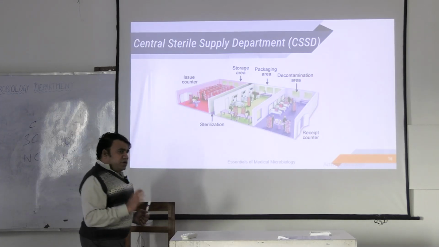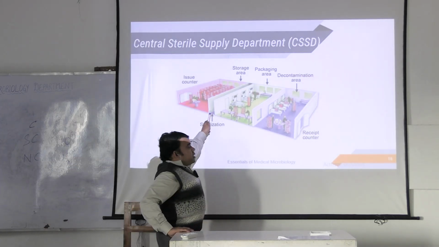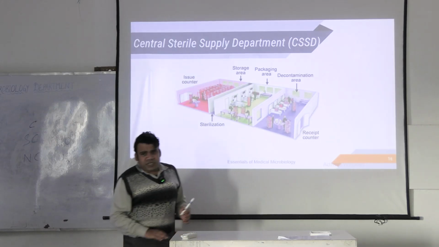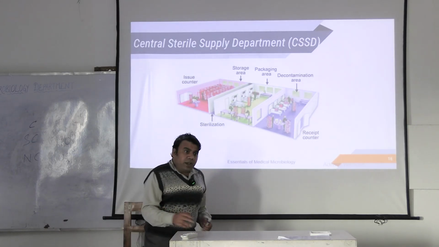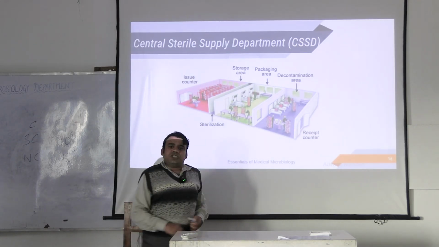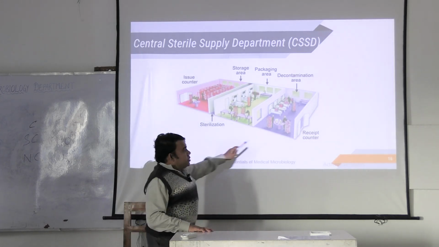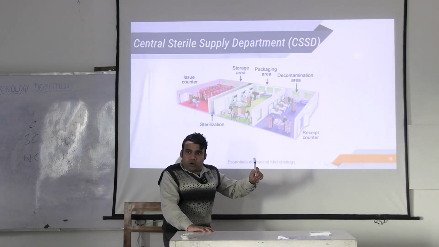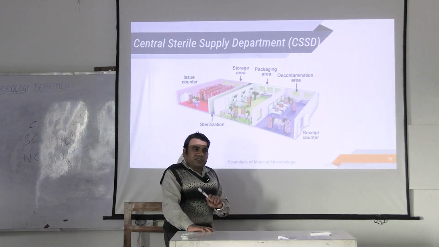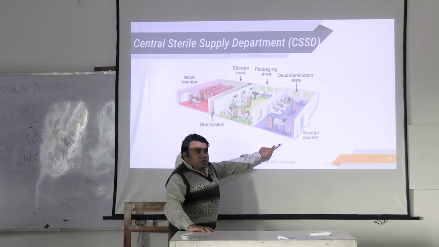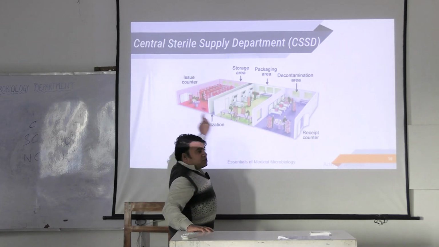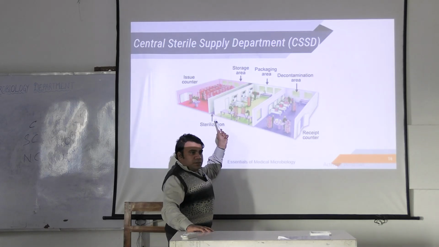After it is sterilized, those sterilized packages are stored in this storage area, and when required, they are dispatched from the issue counter. Please remember, the direction of flow of objects, instruments, etc., should always be from this to this, that is from dirtier to the clean.